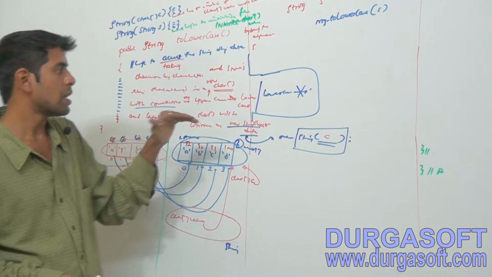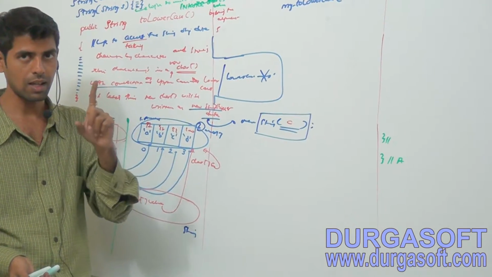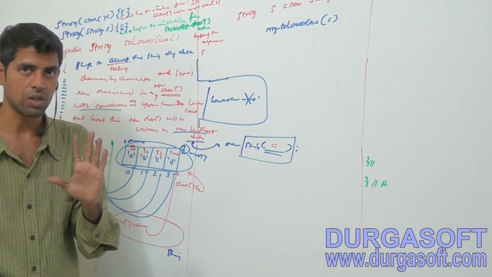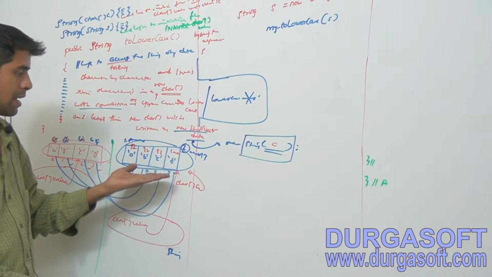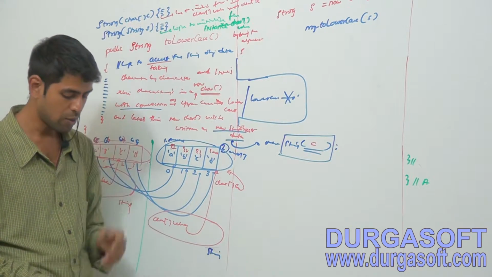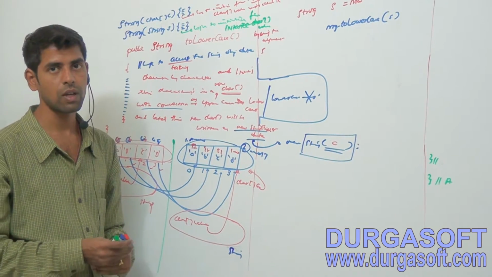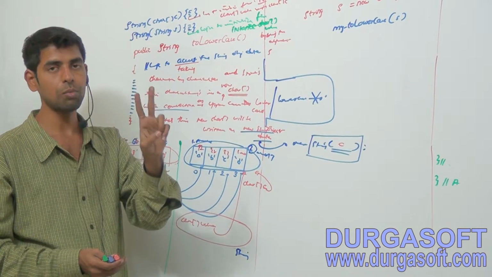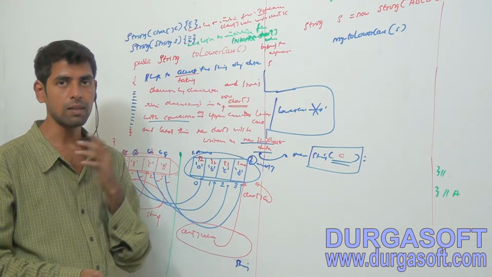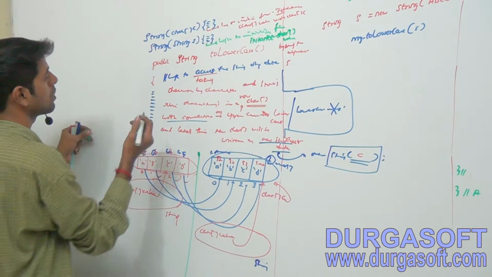If any uppercase alphabets exist, convert them to lowercase. If there is any lowercase, don't perform any conversions, and put this array as data within our string object. Now I'm going to use two methods here, which are predefined methods of our String class. What are those? Observe.